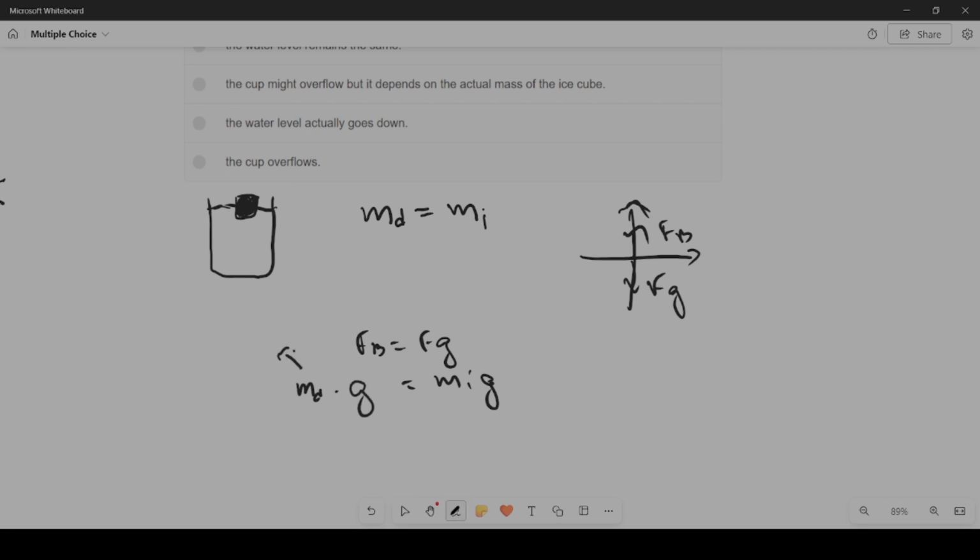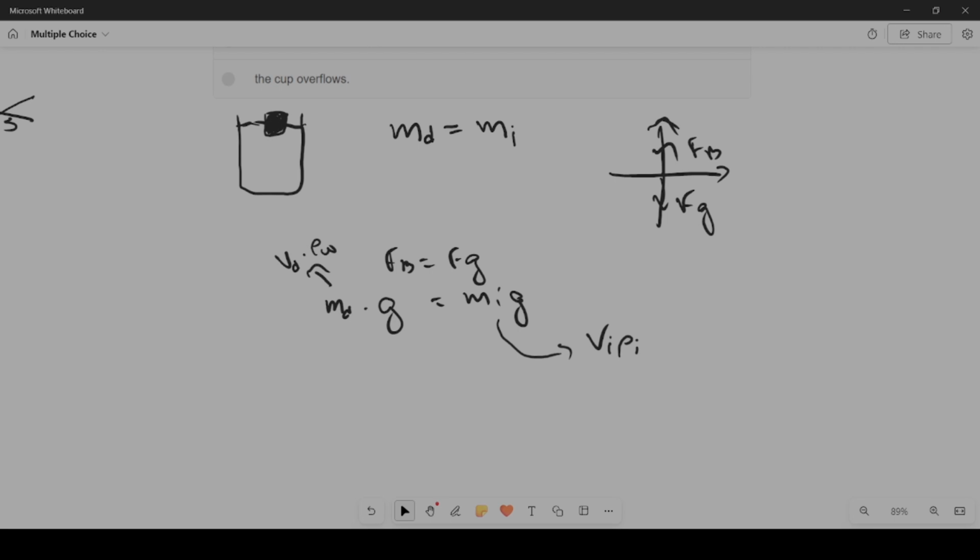Or in other words, this is volume displaced times the density of water. And the mass of any object, following from the definition of density, is volume of the ice cube times density of the ice cube.